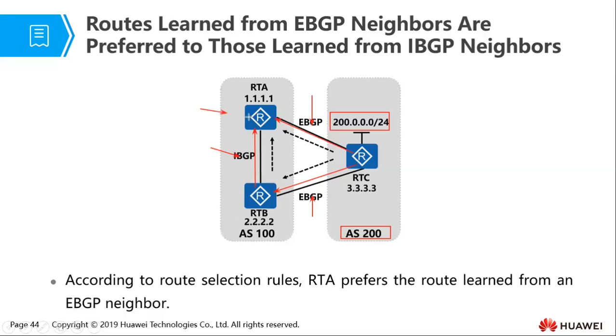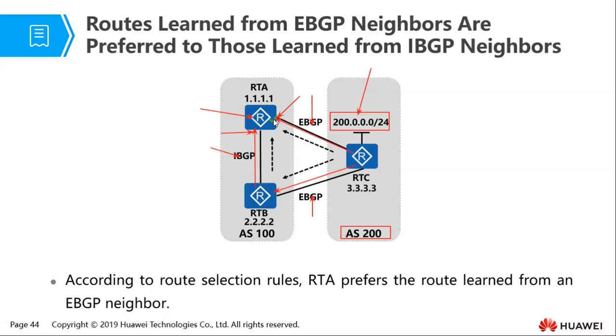in RTA's entry, it has two entries for this network. Two entries, one from RTC, another one from RTB for that network. So how does RTA select the optimal route? Now, generally, the rule is that RTA prefers the route learned from the EBGP neighbor.